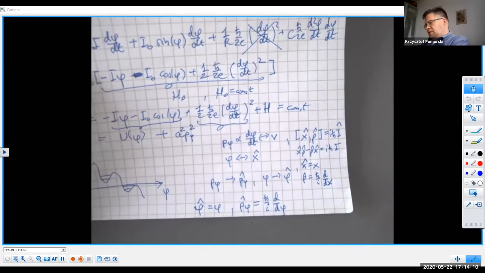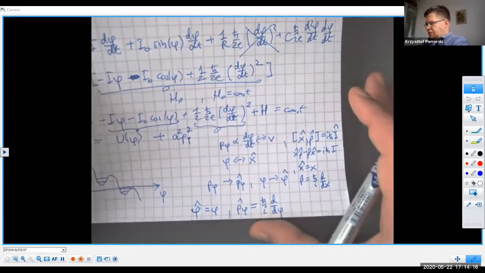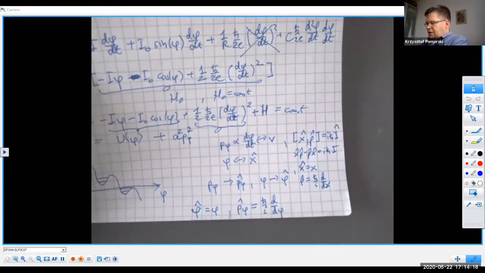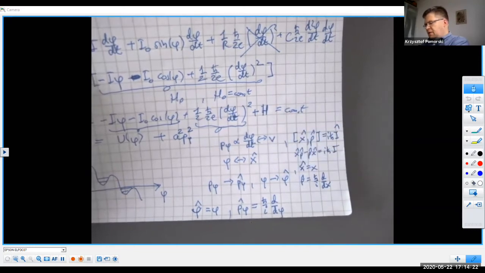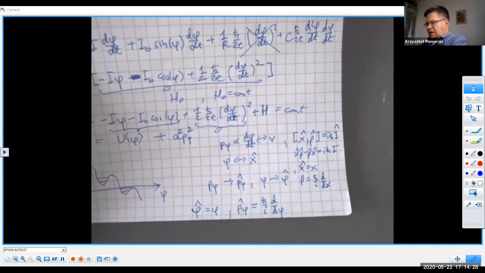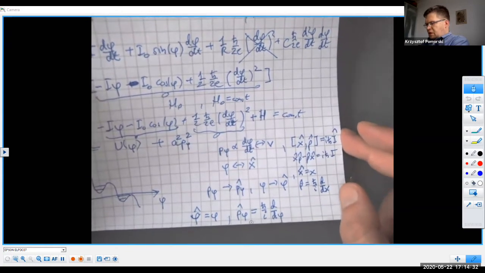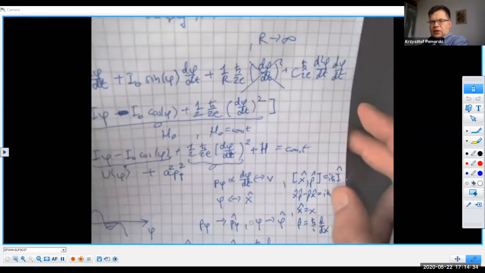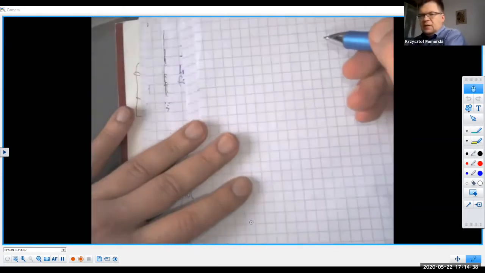And this will lead us to an interesting picture. So since then we could express the Hamiltonian in terms of these operators, and then we simply come into equations of motion, quantum equations of motion. All right, so let me move on.